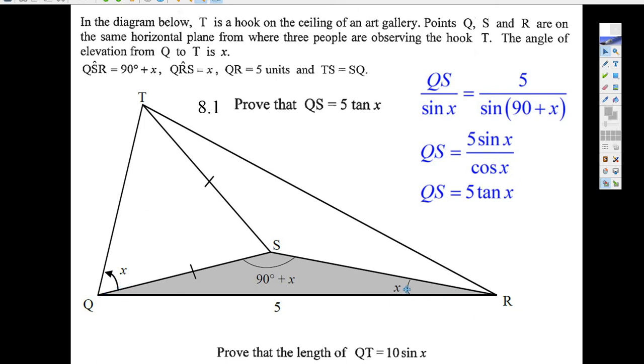QRS is also equal to X. QR is equal to 5 units. And TS, like I said before, is equal to QS. Okay, there's the whole thing. Prove that QS equals 5 tan X.